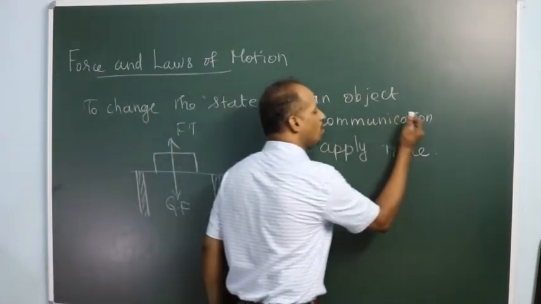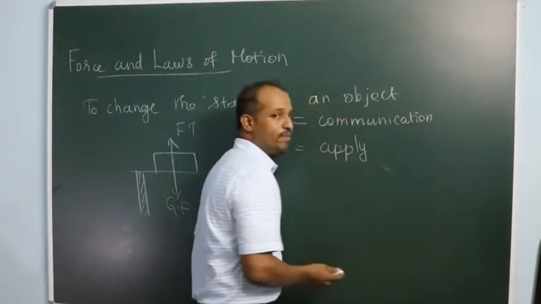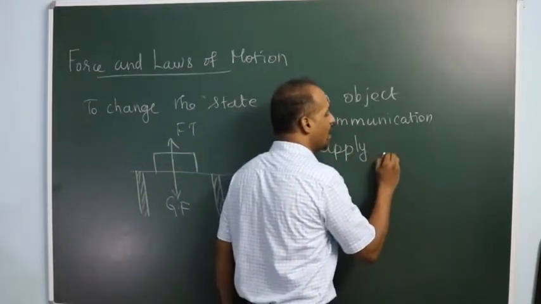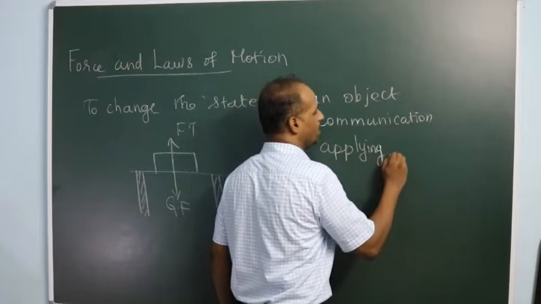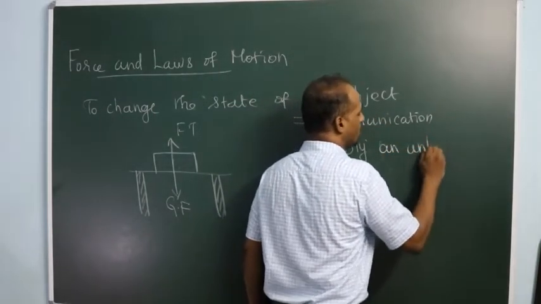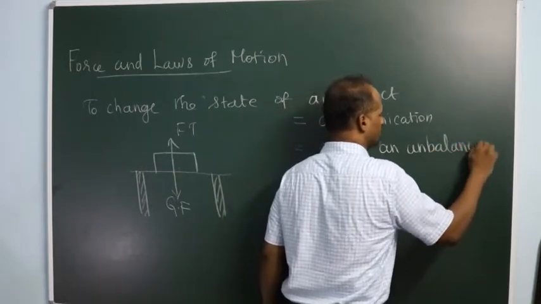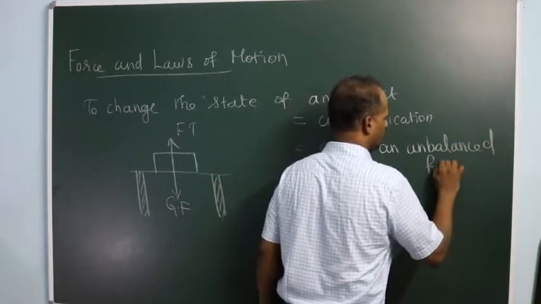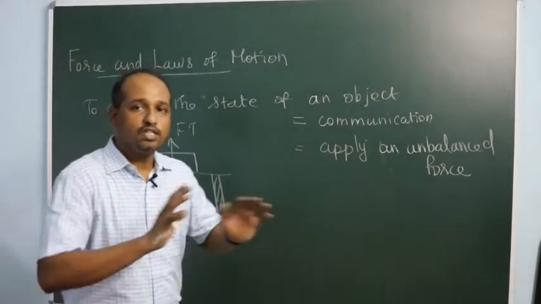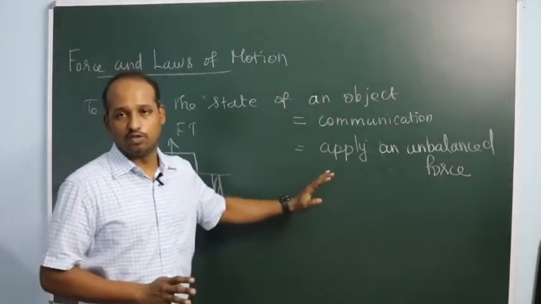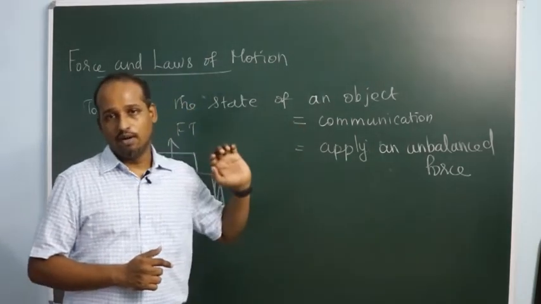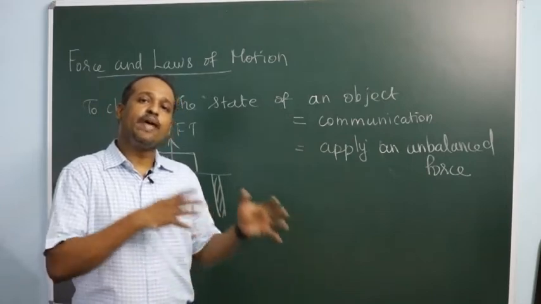So it is not just the application of force that brings about the change in state, it is applying an unbalanced force. You don't just need a force, you need an unbalanced force to act on it.